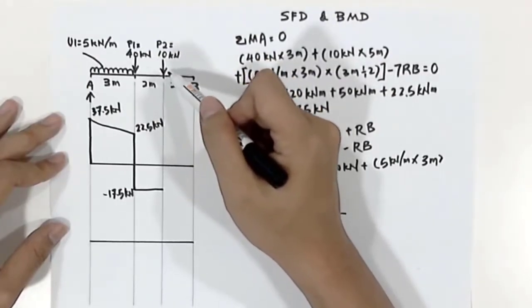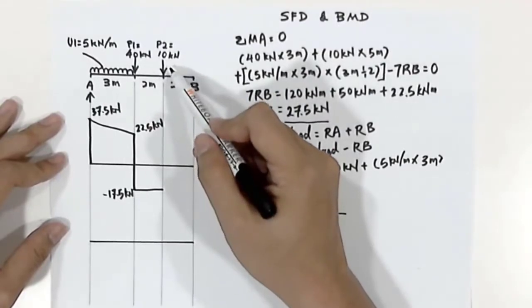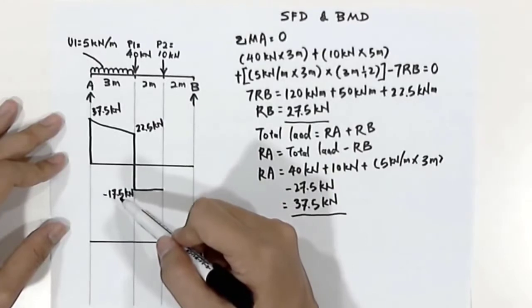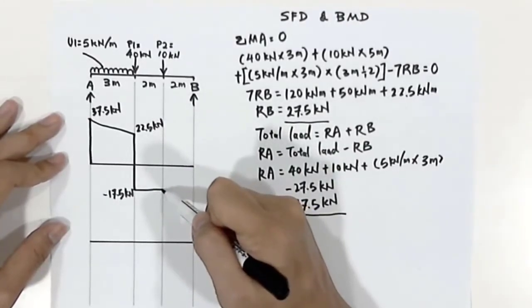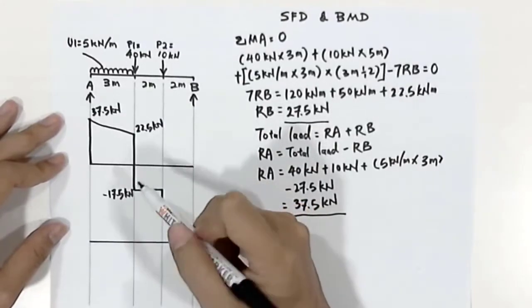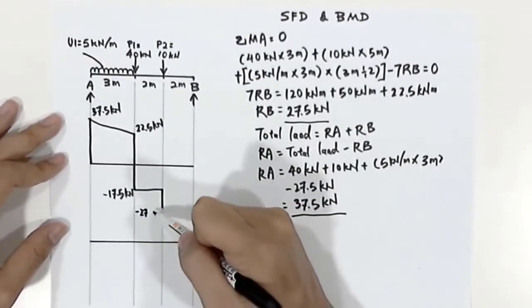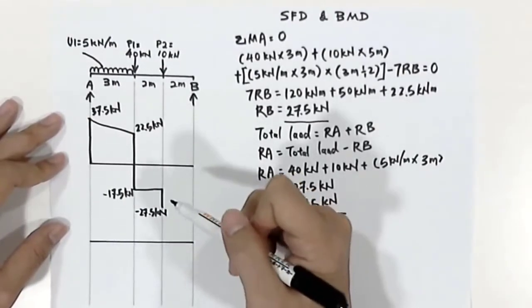Therefore we'll have to deduct 10 kilonewton out of negative 17.5 kilonewton. So what we'll get here is negative 27.5 kilonewton.